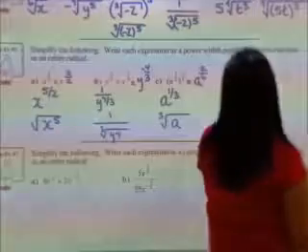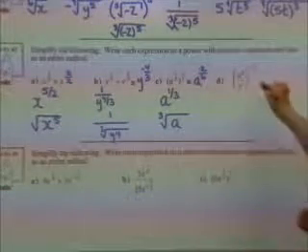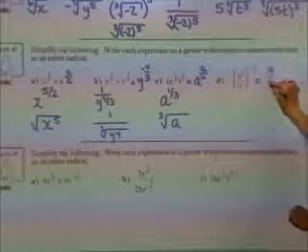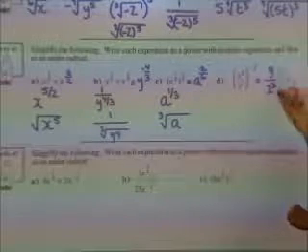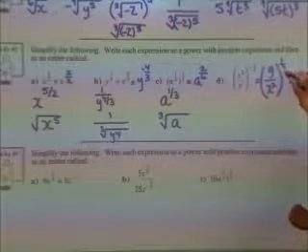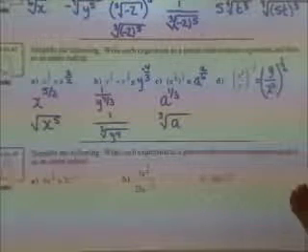With d, I have a negative exponent. So to make that negative exponent positive, I'm going to flip. And now my exponent becomes positive. Remembering again, my exponent does not flip, just the base.